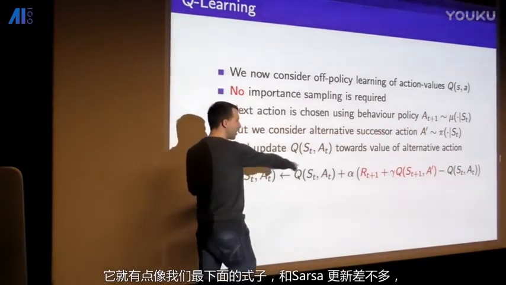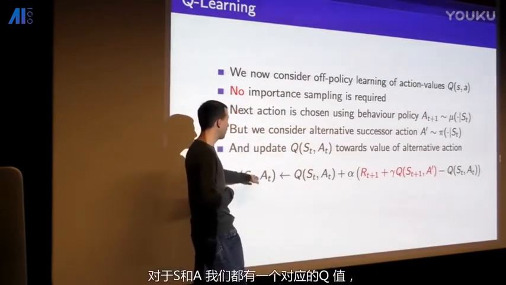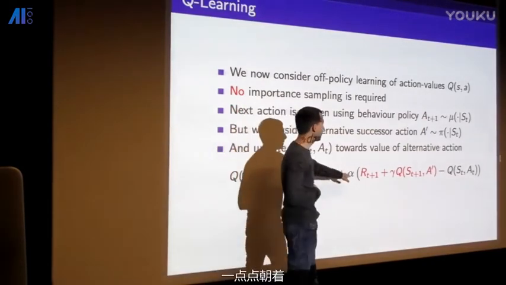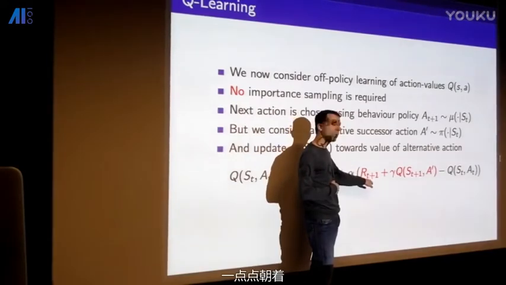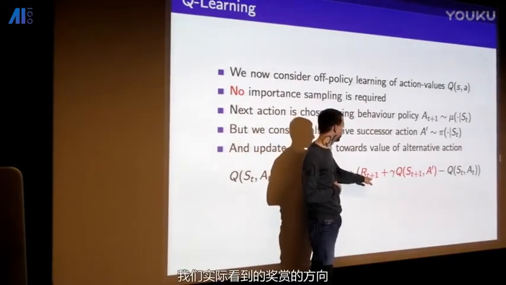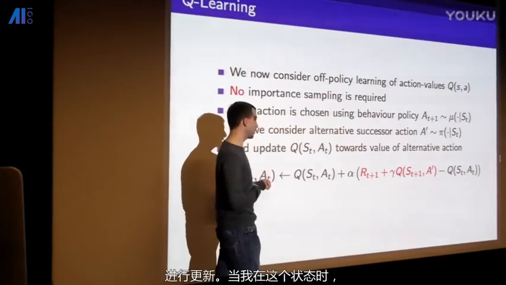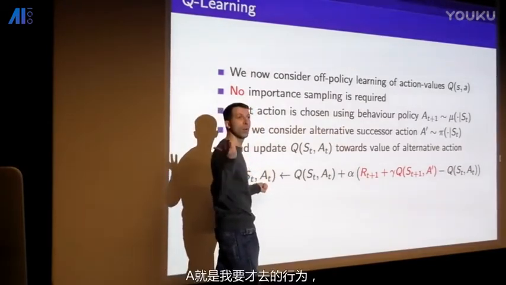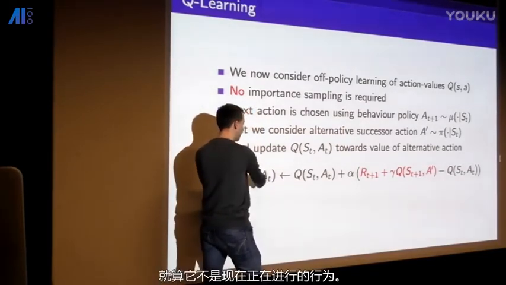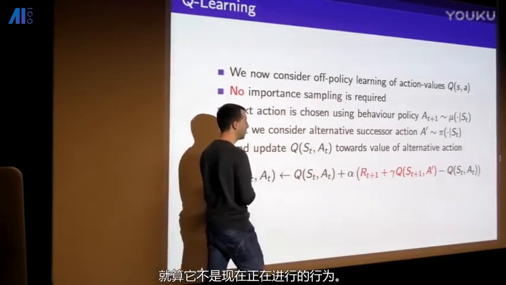So it looks a bit like this. We now replace our SARSA update, where we have our Q value for S and A being updated a little bit in the direction of the reward that I actually saw. So I was in this state, I took this action for real, even though it wasn't the one that I would do now. It doesn't matter, we're just asking how much value would I get if I took that action.